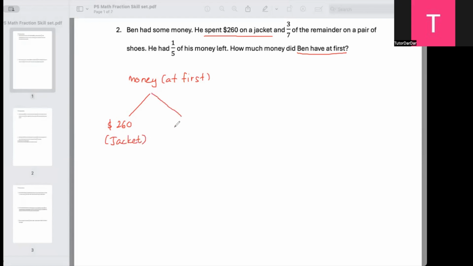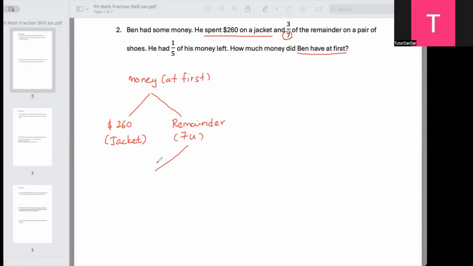Then you will have the remainder. Remainder is going to be this 7 unit, because he spent 3/7 of a remainder on a pair of shoes. That means this 7 is the remainder, so remainder is 7 unit.